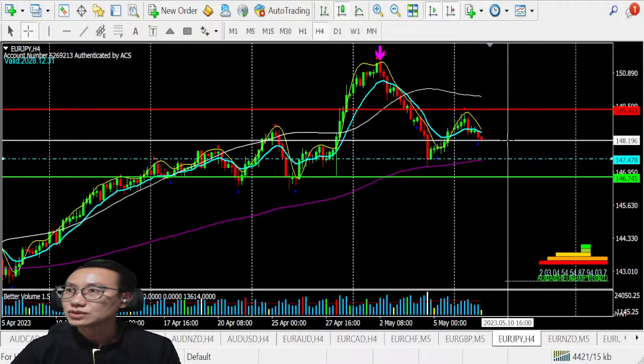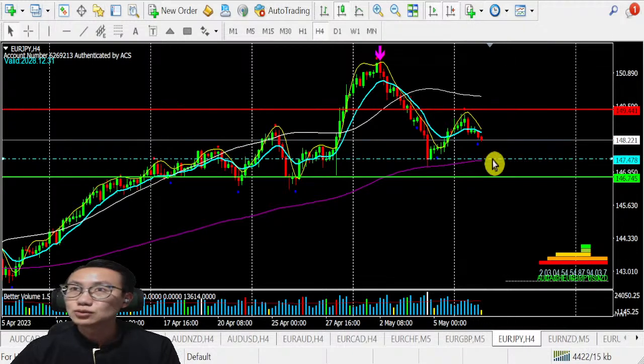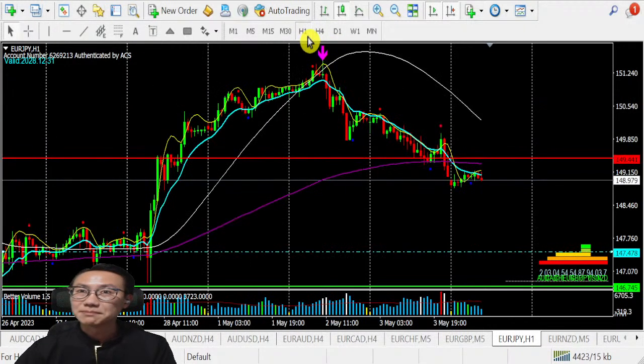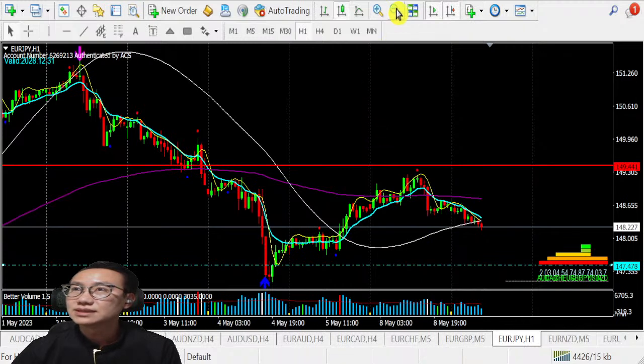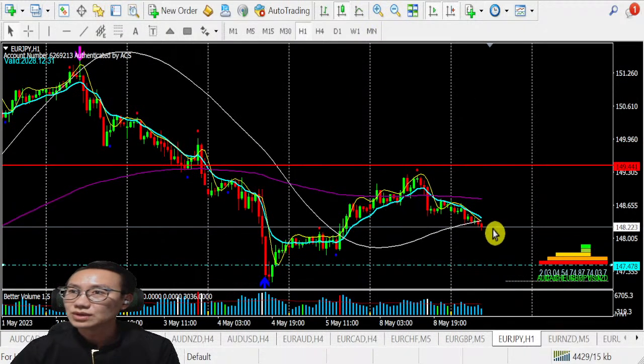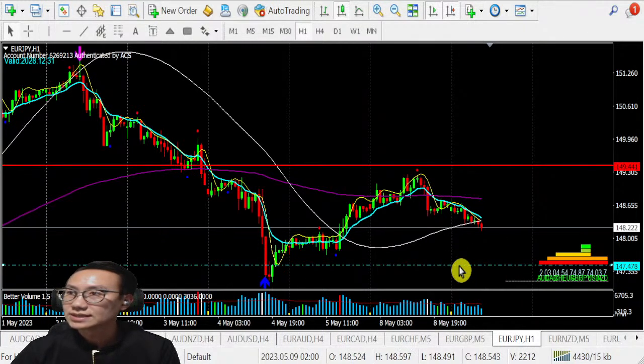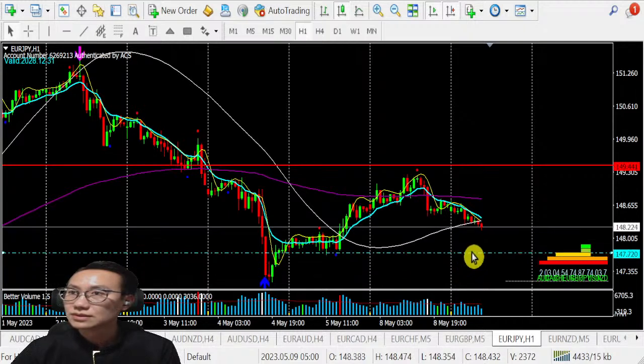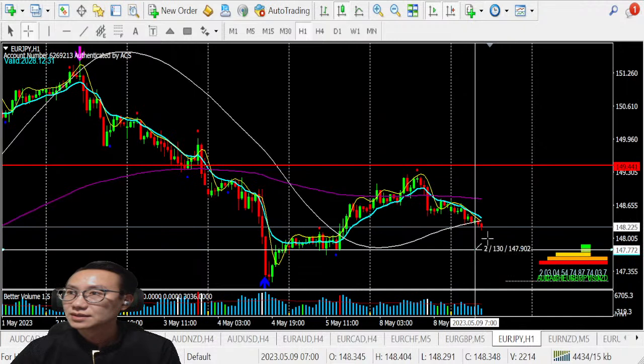We still have about 72 pips to go before it hits the resistance, and it may bounce back. With this wave here, we still have plenty of space to take. Let's see if the support over here is going to hold.